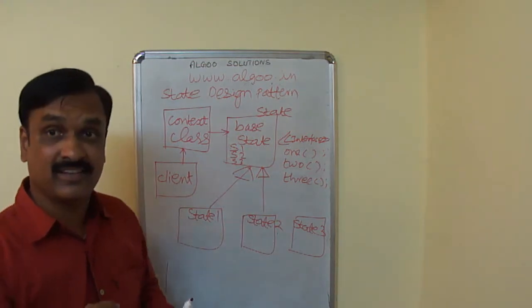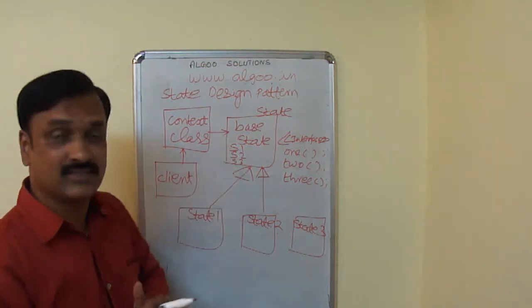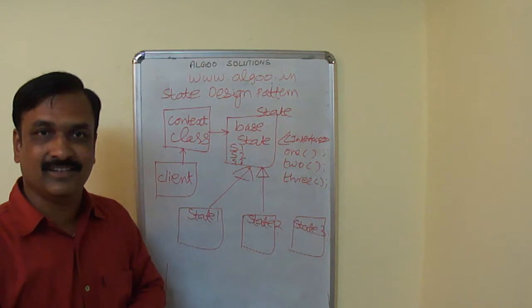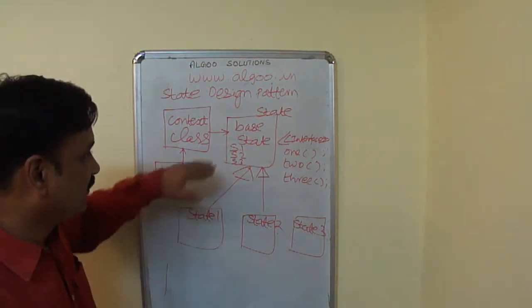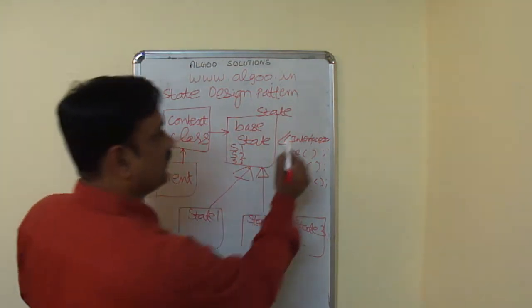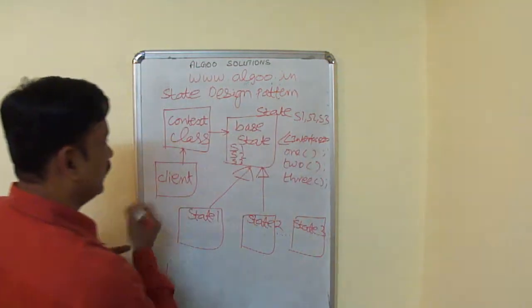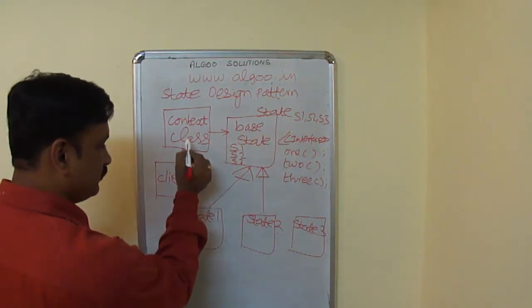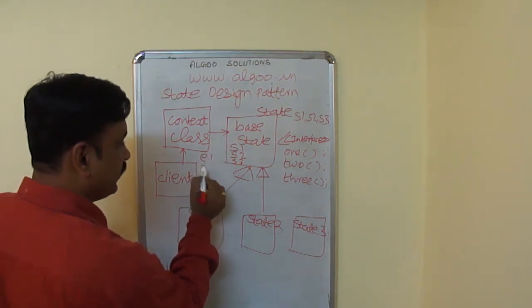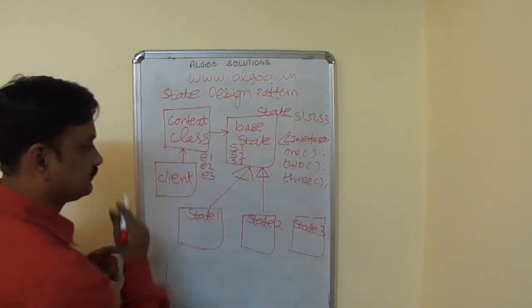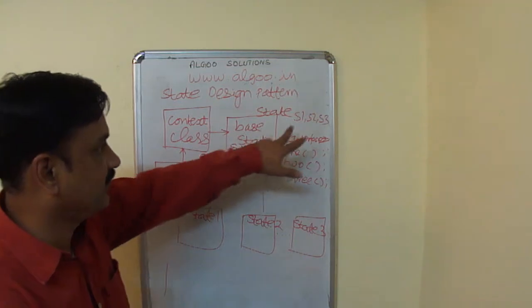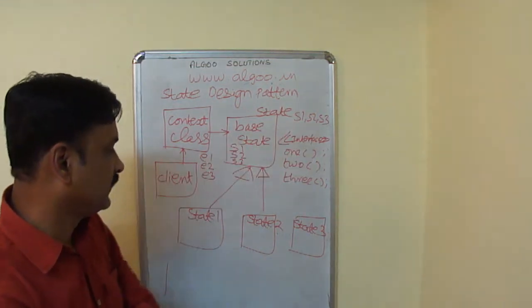But wait a minute, what is the current state of this system? We should know that, right? Now the current state can be S1 or S2 or S3. Now the event that is coming from the main program can be E1, E2 or E3. Let's say E1 comes and it's in S1 state.